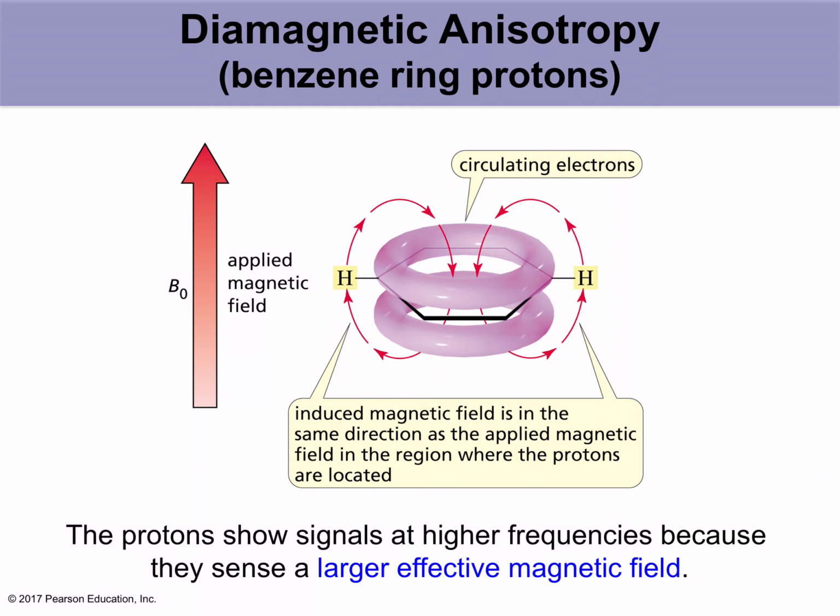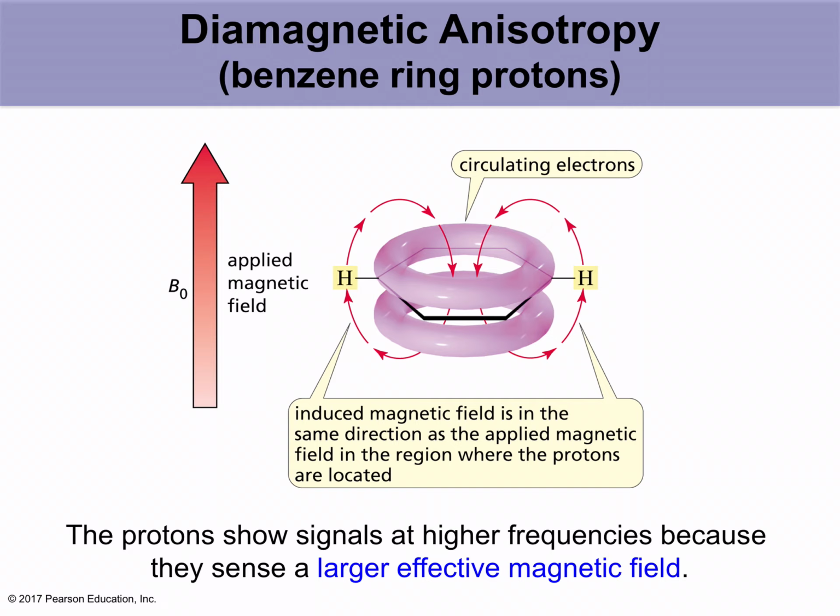So this is the applied magnetic field, and the induced magnetic field is in the same direction as the applied magnetic field in the region where the protons are located. So what is going to happen as a result? As a result, the protons sense a larger effective magnetic field because now both of them are aligned in the same direction. Okay?